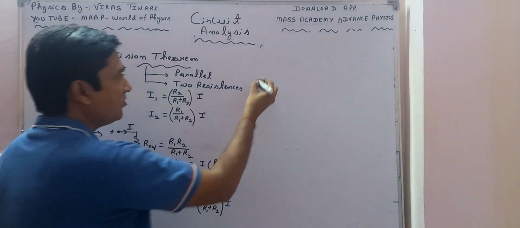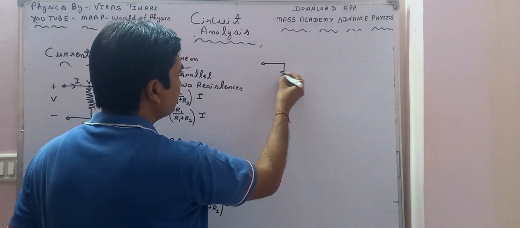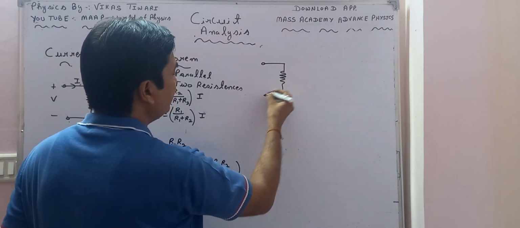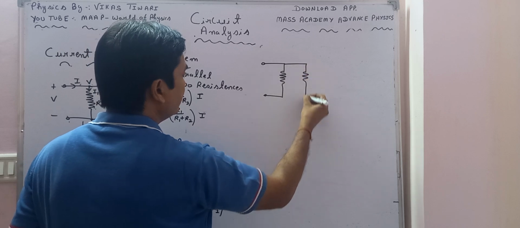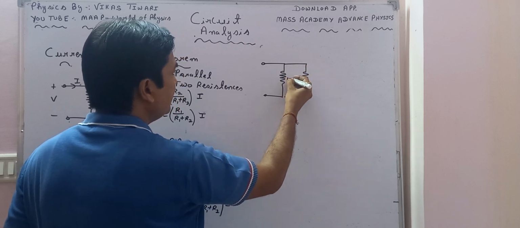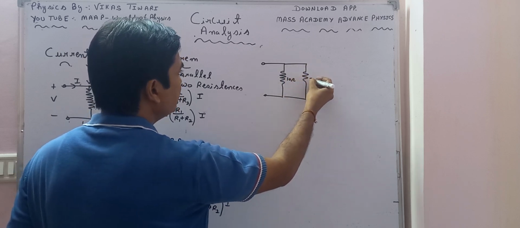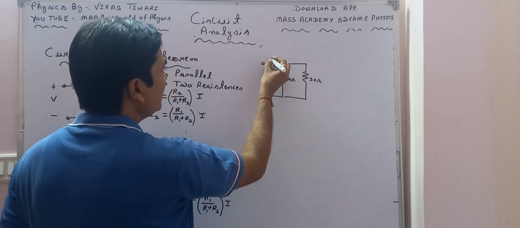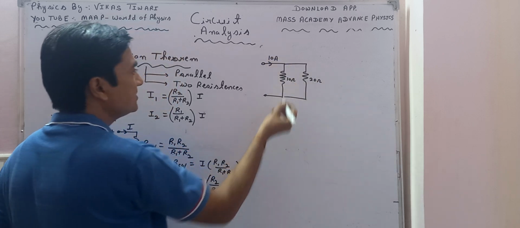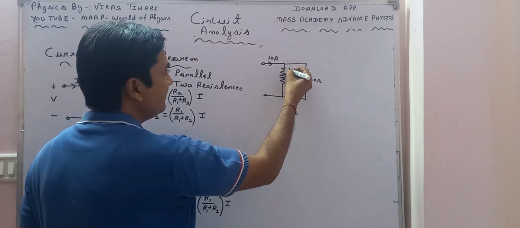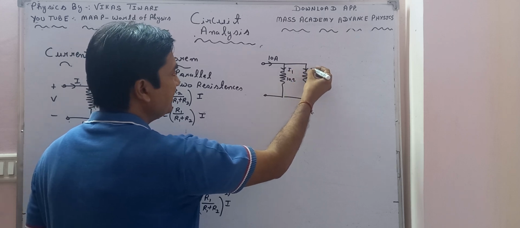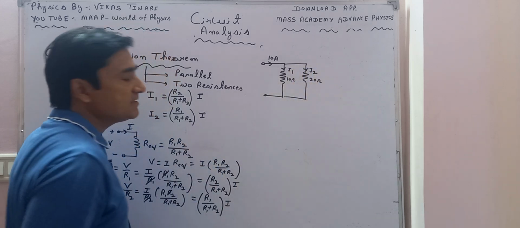Just I am taking a small application. Suppose there are two resistances in parallel, 10 ohm and 20 ohm, and a total current of 10 ampere flows in this circuit. Suppose the current here is I1, and the current in this branch is I2.